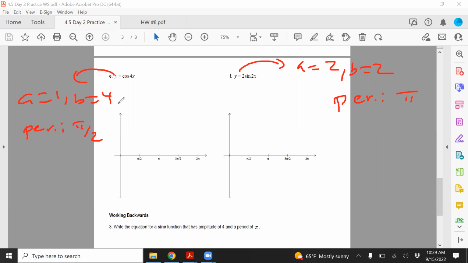Cosine is going to start at the peak with an amplitude of 1. Sine is going to have amplitude of 2. And cosine starts at the peak.